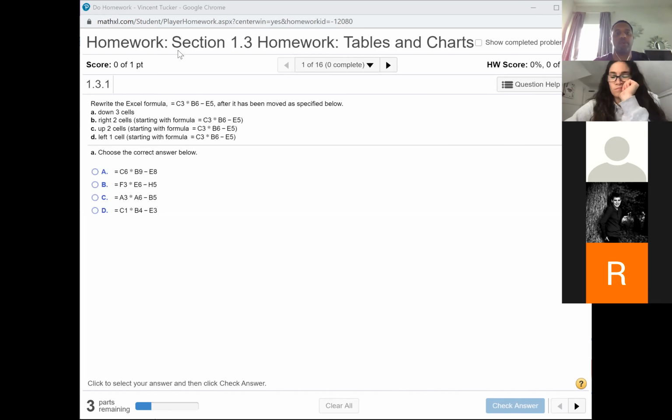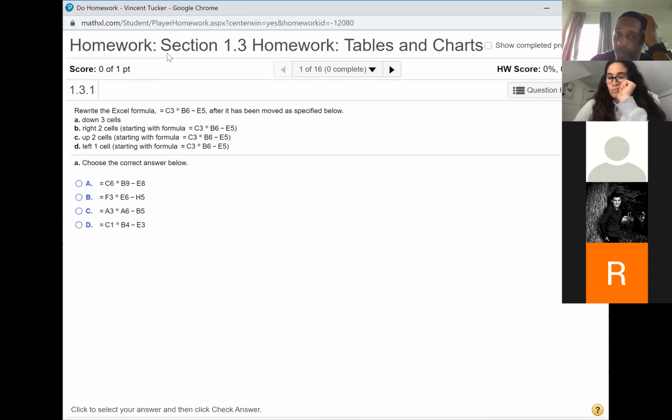All right, so in 1.3, we talk about tables and charts. So this one says rewrite the Excel formula after it has been moved as specified below.